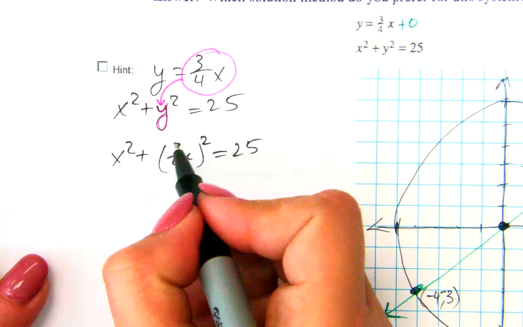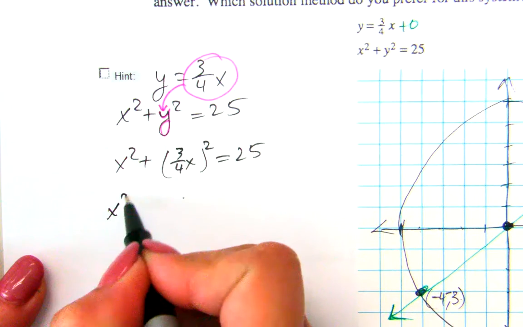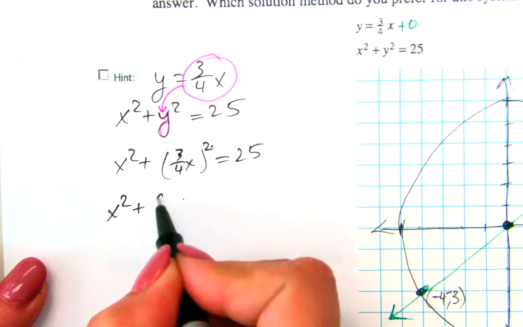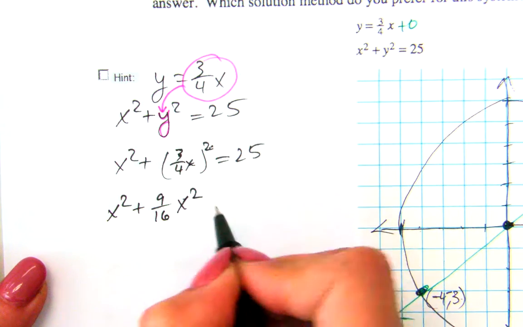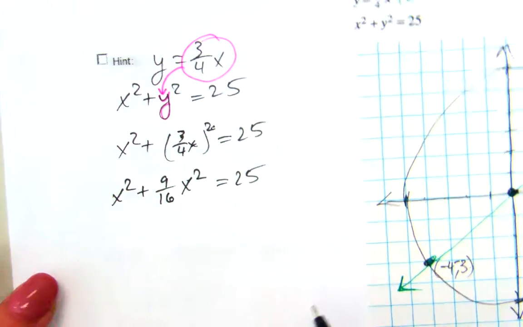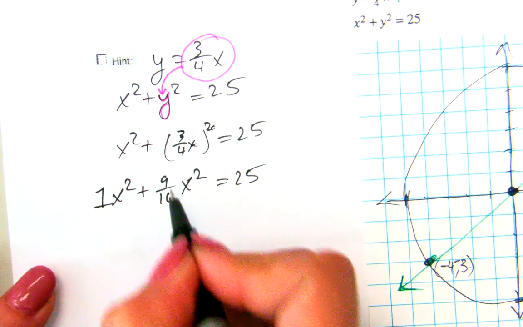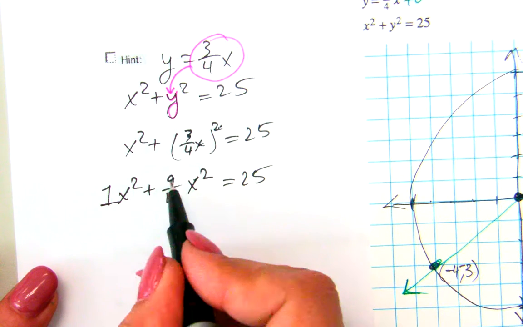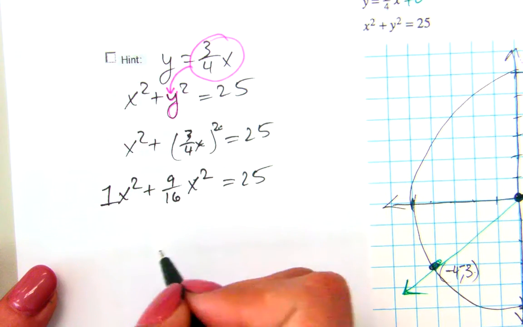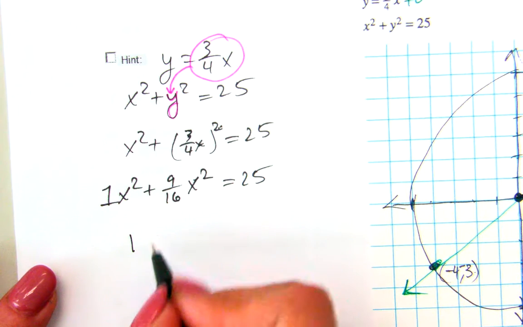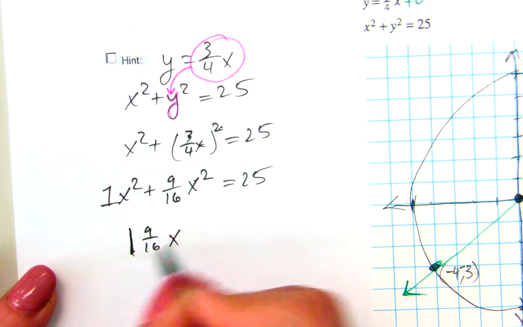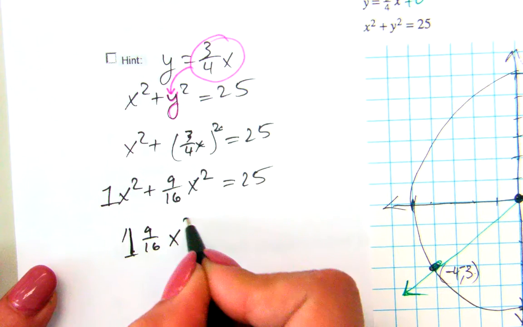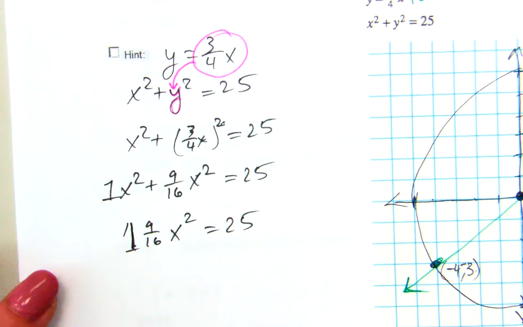And then, let's see, so x squared plus 3 squared is 9, 4 squared is 16, x squared is just x squared, equals 25. And this is like 1x squared plus 9/16 x squared, that's just 1 and 9/16, right? Because we're just adding them together. There's really not much going on over here. And then equals 25.